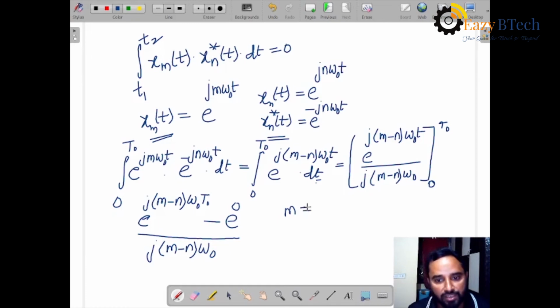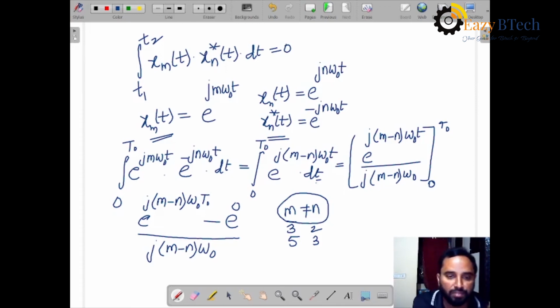I am taking the case m is not equal to n, like m may be 3, n may be 2, m may be 5, n may be 3. In that case m minus n will become an integer, right or not? 3 minus 2 is 1, 5 minus 3 is 2.